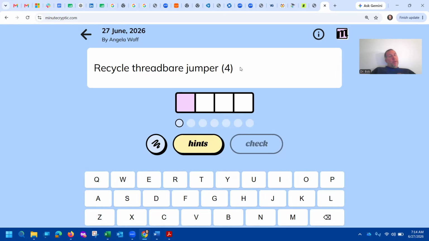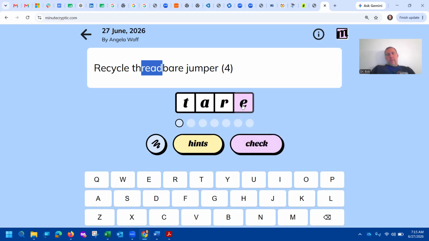And then jumper as the indicator. Jumper as the indicator says it jumps across. So if threadbare was treated as 2 words, adba, read. Read doesn't mean recycle. Jumper, if it jumps across.